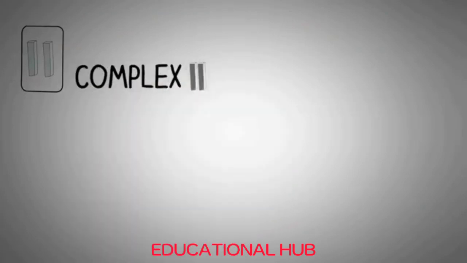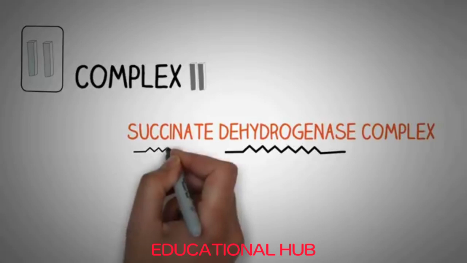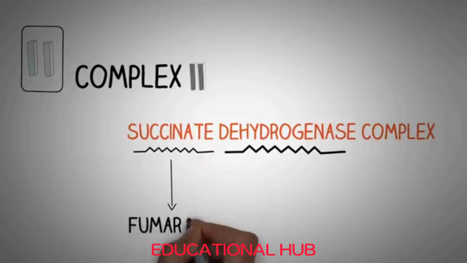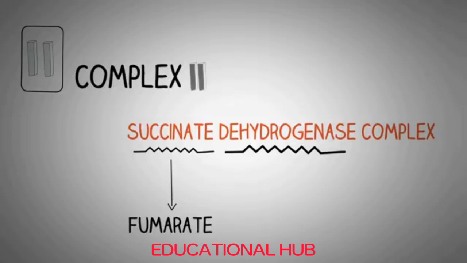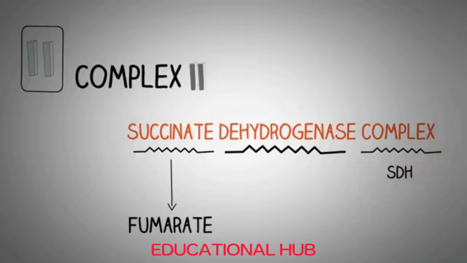Now coming to the complex 2 of the electron transport chain. The complex 2 is called succinate dehydrogenase complex. It is called a dehydrogenase because it removes hydrogen from compounds. In this case, it will remove hydrogen from the succinate and oxidize it to fumarate, which is a step of the Krebs cycle. And similarly, it is called a complex because it also contains iron sulfur clusters in addition to succinate dehydrogenase.